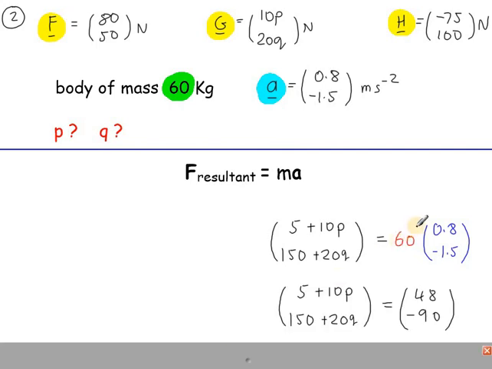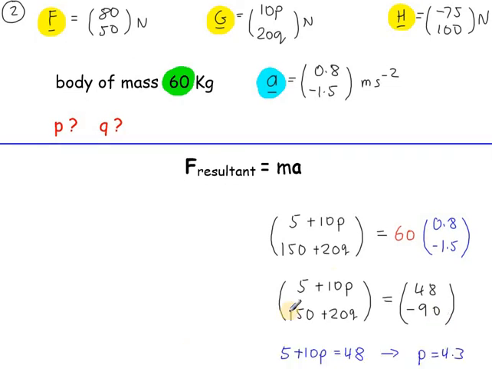So I've done some multiplication here. We've multiplied the vector here with this scalar quantity, so 60 times 0.8 gives 48, 60 times minus 1.5 gives minus 90. So the x component, so 5 plus 10p, is equal to the x component here, 48.